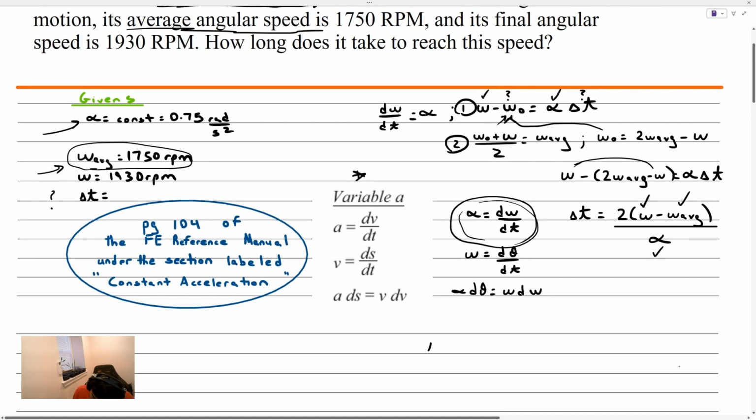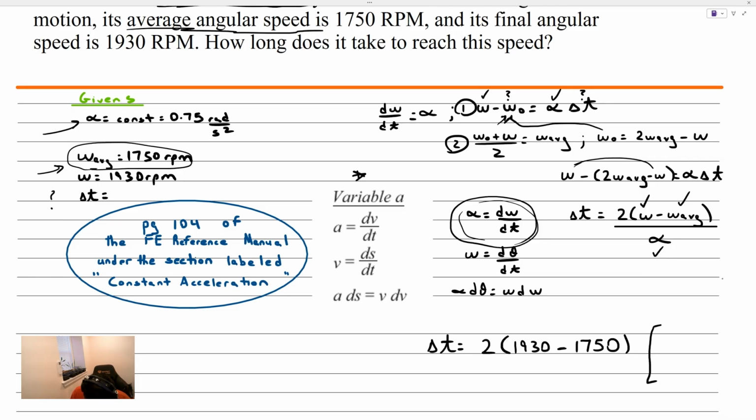Now if we plug into that delta t relation, we have 2 times omega, which was 1930 RPM. Omega average is 1750 RPM. I keep track of my units here. I have rotations per minute in the numerator. What about the denominator, that alpha term?